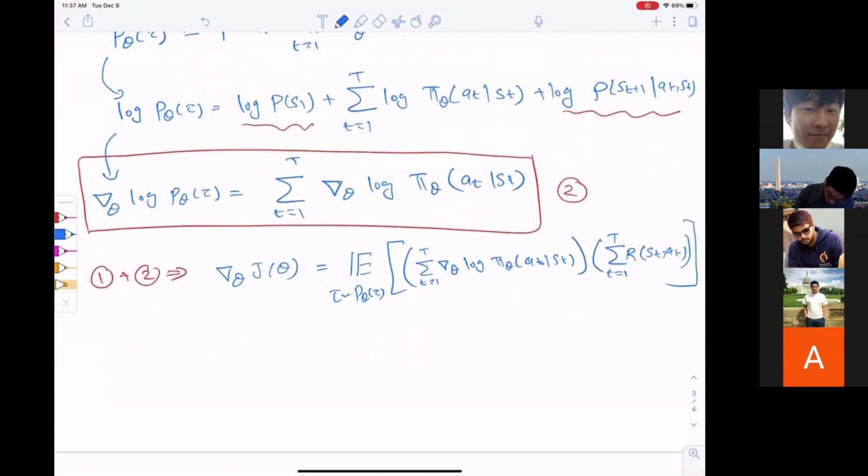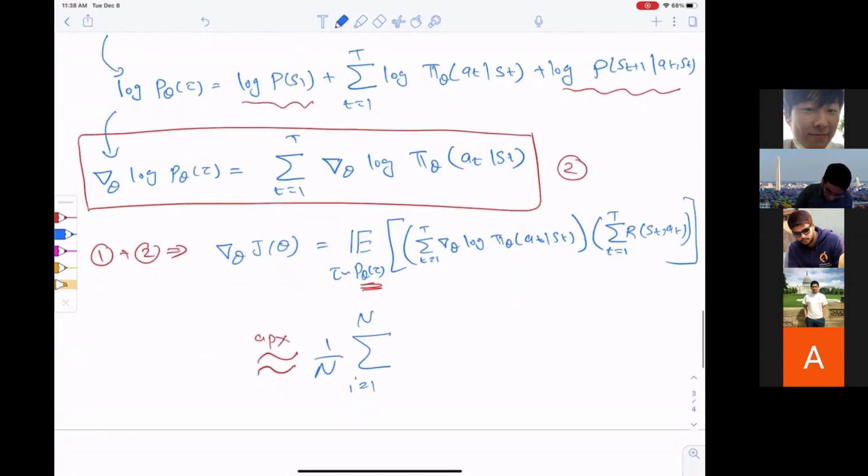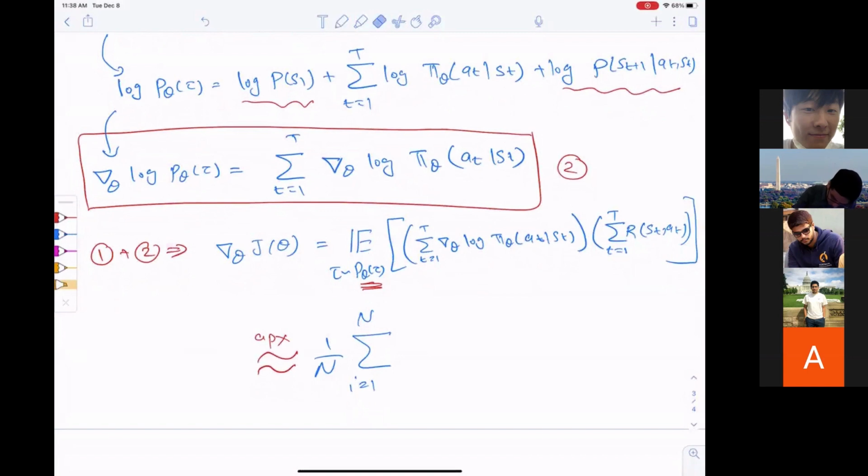And as I mentioned, the reason that we wanted to write this as an expectation is because now I can take n samples from it, if I have a simulator. These are different trajectories I generate, 1 to n. Now I'm going to approximate this expectation with the empirical average over those n samples.